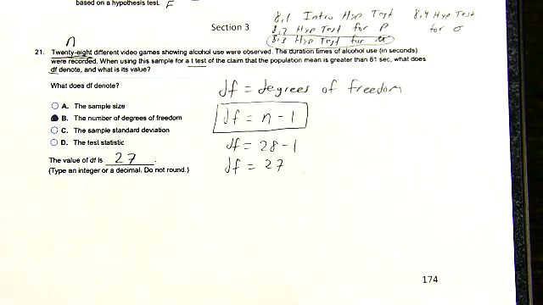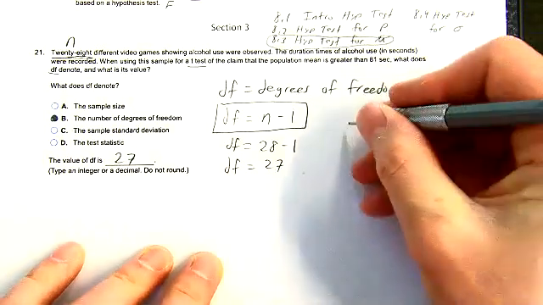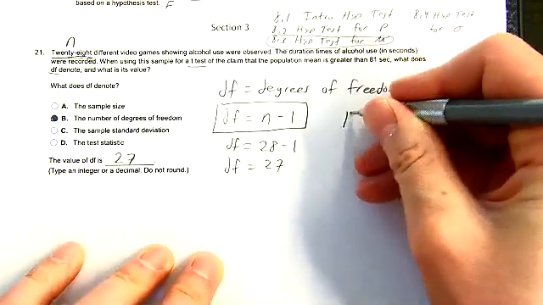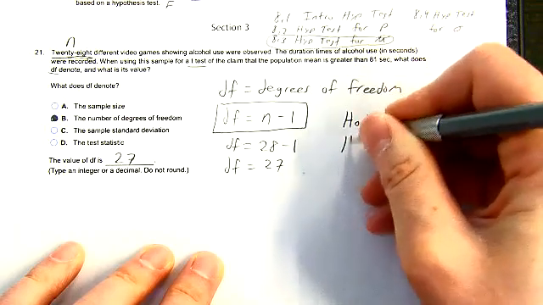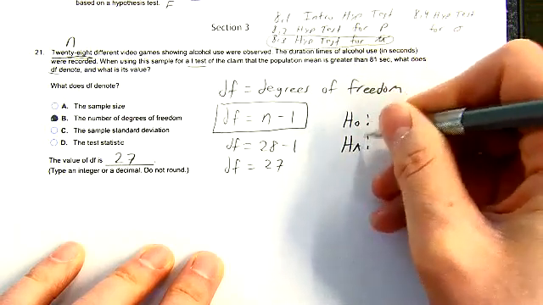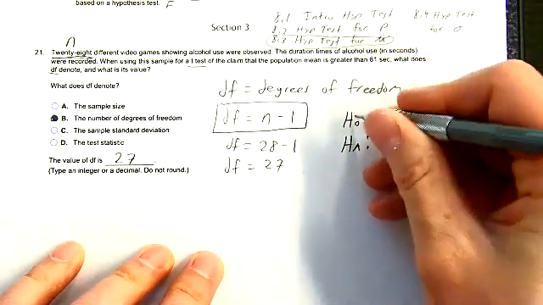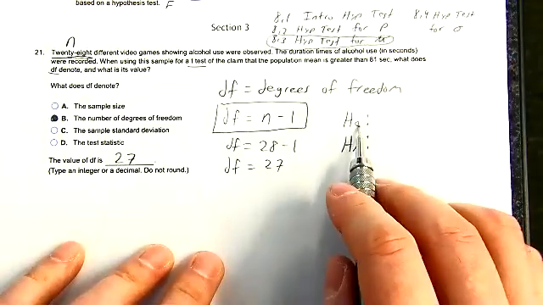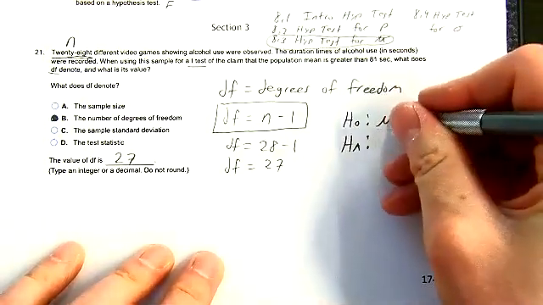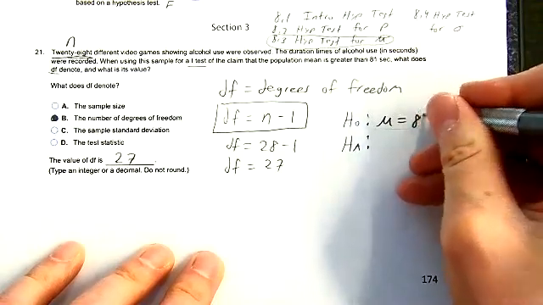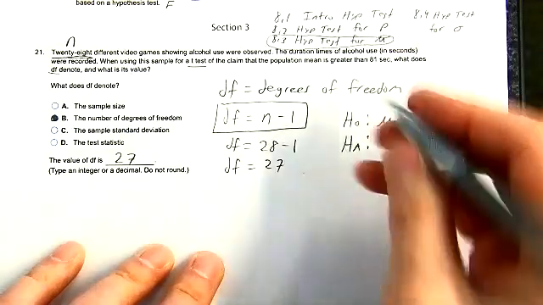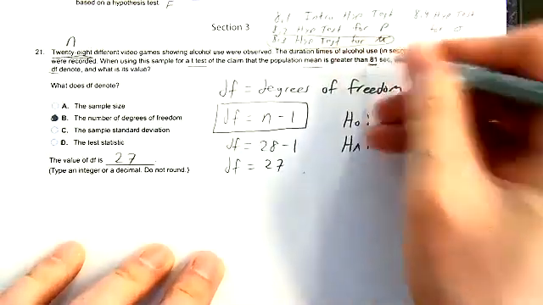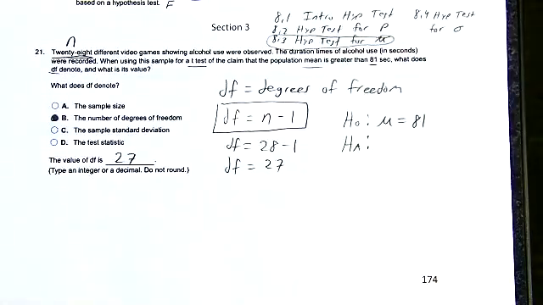Now let's add a little bit to this problem. A big part of this chapter is identifying what your null hypothesis is and what the alternative is, and we talked in 8.1 about what these mean. The null hypothesis in these problems is going to be that the mean is equal to some number. In this one, they're arguing the mean is something related to 81 seconds.